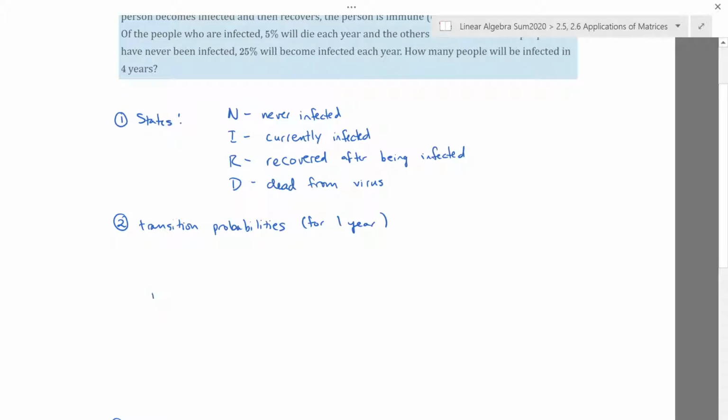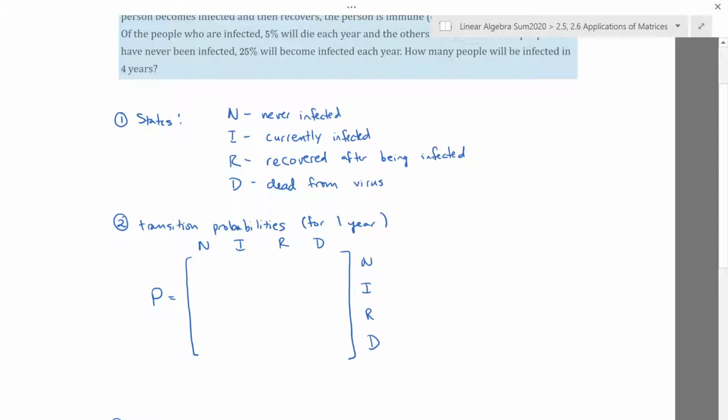Now let's set up the matrix for transition probabilities. So what is my matrix P? I've called my 4 different states N, I, R, and D. Let's label the rows and columns so that I know which entries transition from which state to which state.